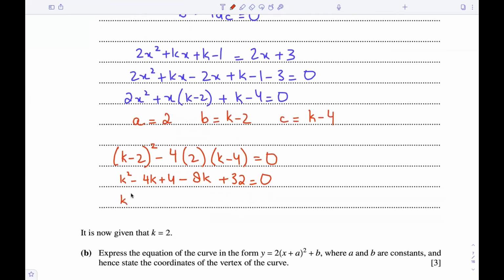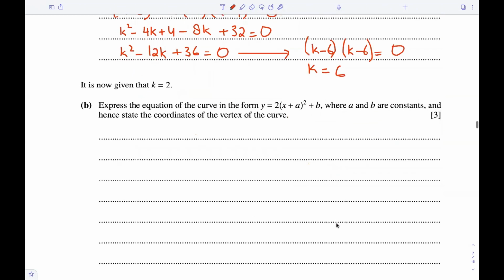Simplifying this, we get k squared minus 12k plus 4 plus 32 will become plus 36 equals 0. Solving this, we will get k minus 6 and k minus 6 equals 0. So the value of k will be positive 6.